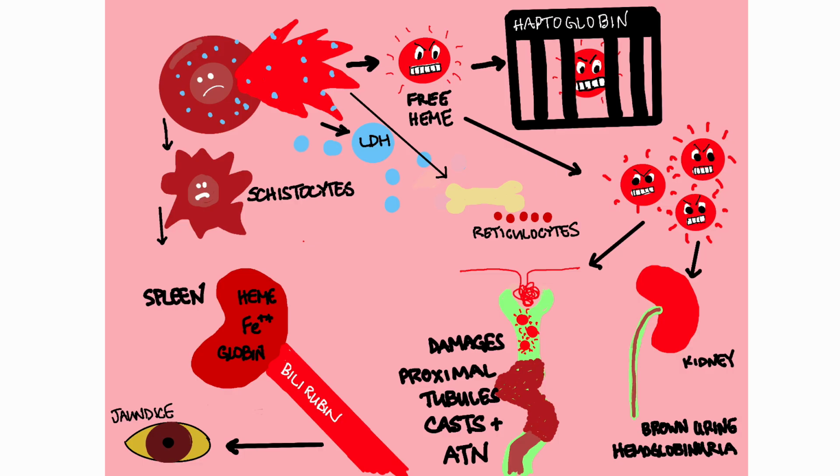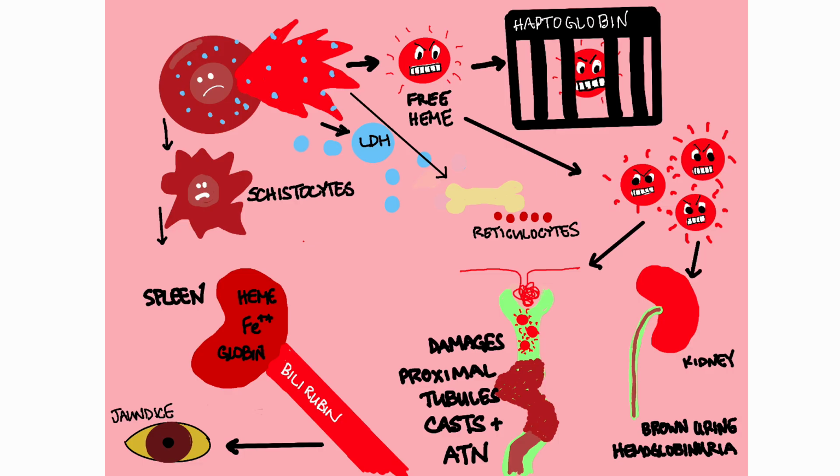Since immune-mediated hemolysis is caused by the complement cascade, you will have the membrane attack complexes that cause that intravascular hemolysis, but also you will see opsonization of red cells that are picked up by the macrophages in the spleen and degraded, resulting in extravascular hemolysis.